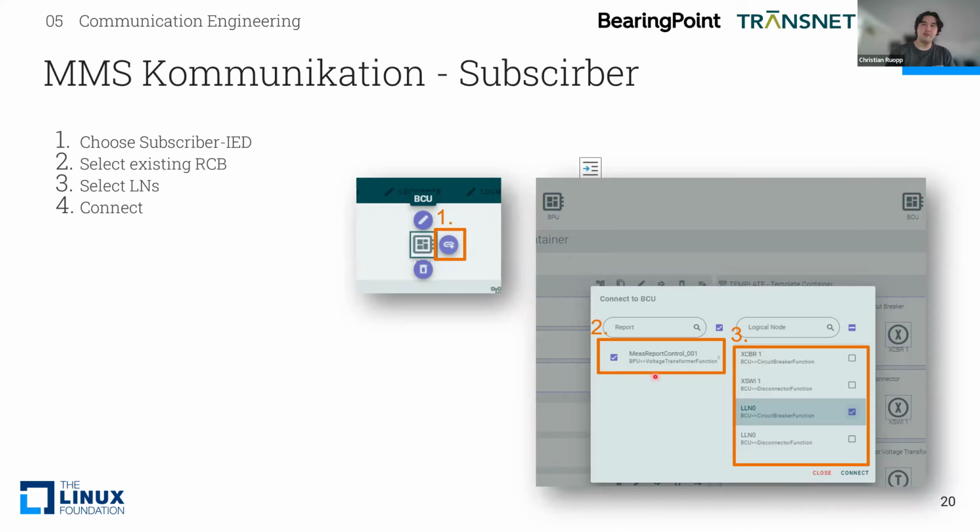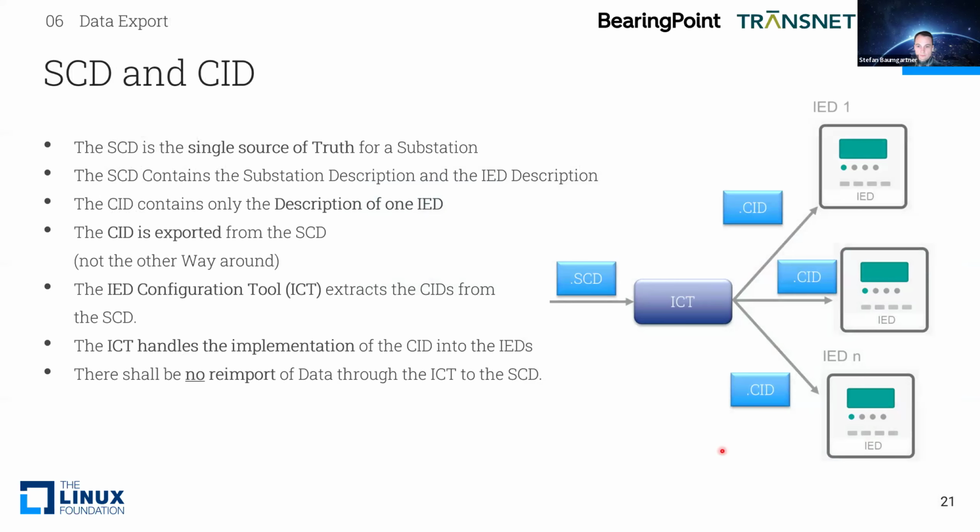Then we have to select the published data, the report, and then link the report that we want to subscribe to the internal IED data model where it should be contained. That's basically the communication. So after we've done all this communication work, the SCD is finished in theory.